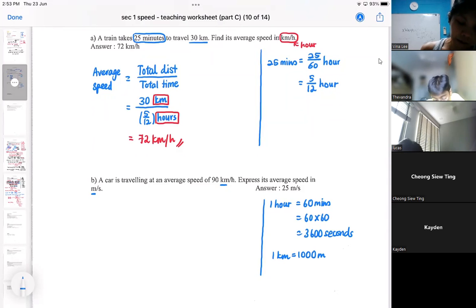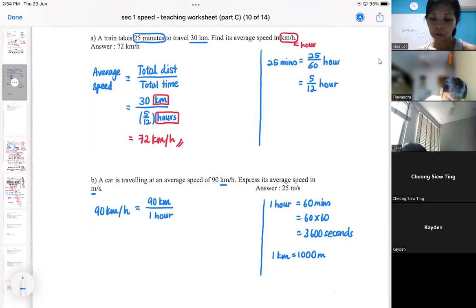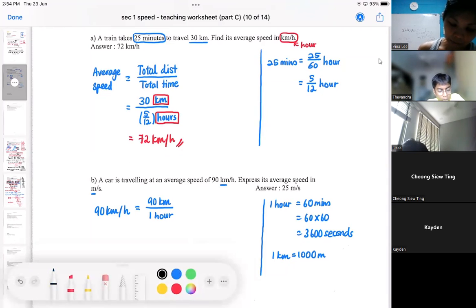So from here, last week, how do we do the conversion? Do you still remember? So we write it as 90 kilometer over 1 hour. So your aim is to convert to meter and convert to seconds. So I'm going to convert now.